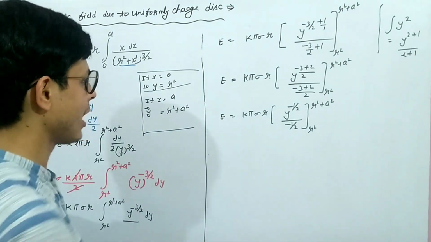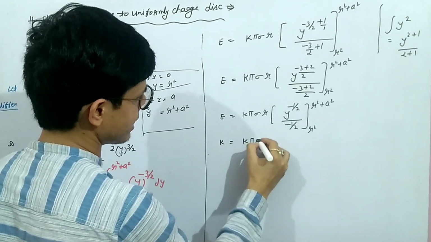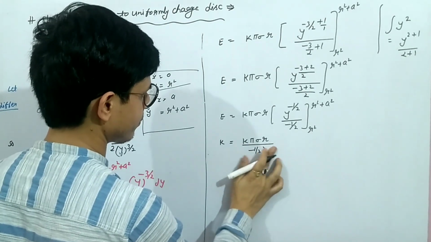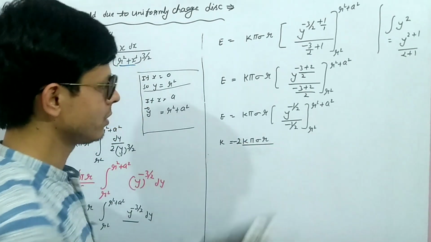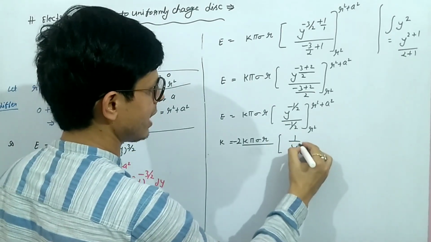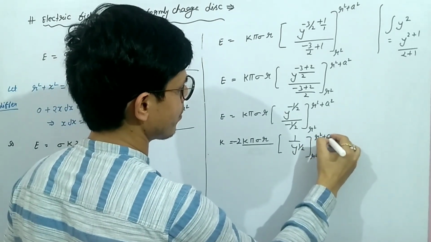I will take it out. So k pi sigma r upon minus half will come out. How much will it become when it goes up? Simply minus 2. This will move up. Inside, what is left is 1 upon y to the power 1/2, between r square and r square plus a square.